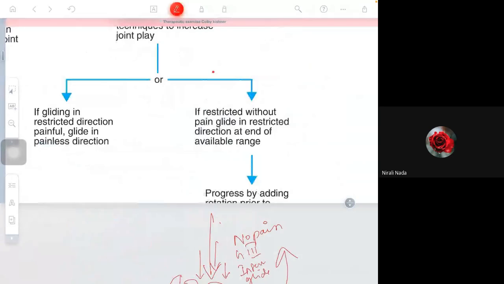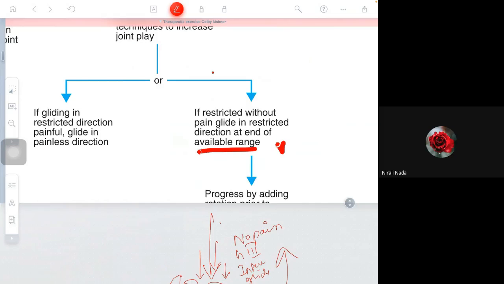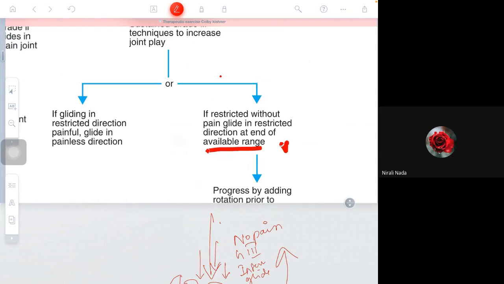If restricted without pain, glide in restricted direction itself at the end of the available range. Clear? Now it is grade 4. Glide in the available range means it is grade 4.